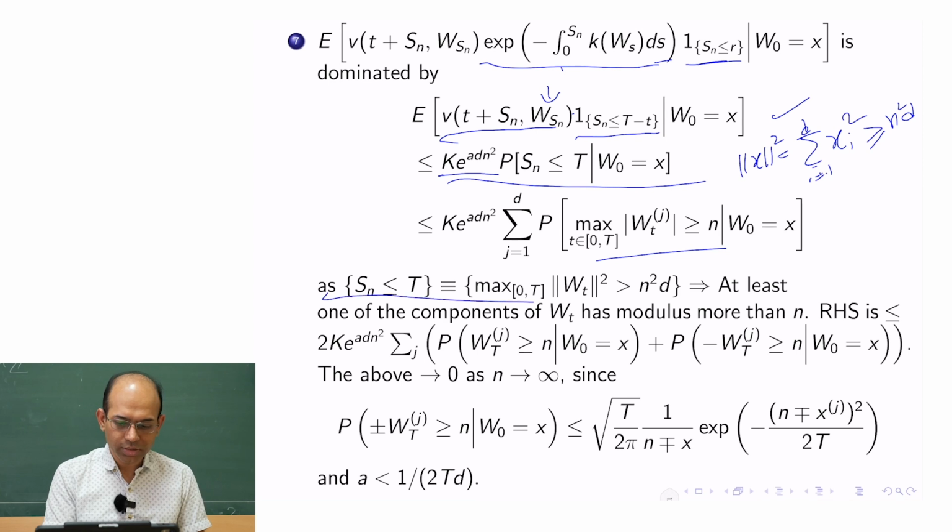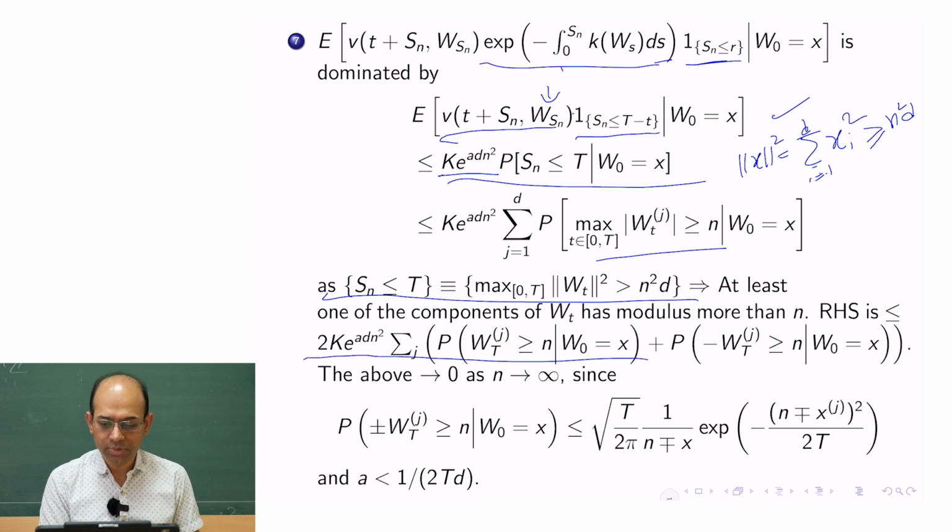So this is the justification. Now we get that the right hand side is less than or equal to, and here we use the reflection principle, 2 times. Here I did not have 2, I had just k times e to the a d n squared earlier, but now I am getting 2.